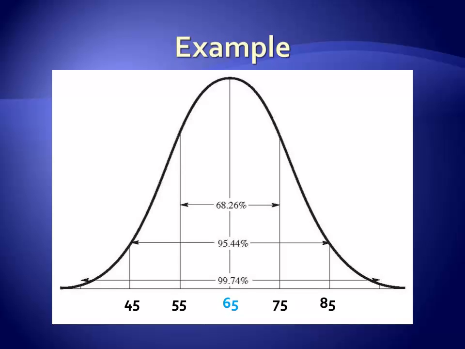A 5% chance, which is 100 minus 95%, of getting a score greater than 85 or less than 45 on the exam, and less than a 1% chance, which is 100 minus 99%, of getting a score greater than 95 or less than 35. If a student had a score higher than 95, they would be exceptionally different from other students in the class, as would a student who got a grade lower than 35.